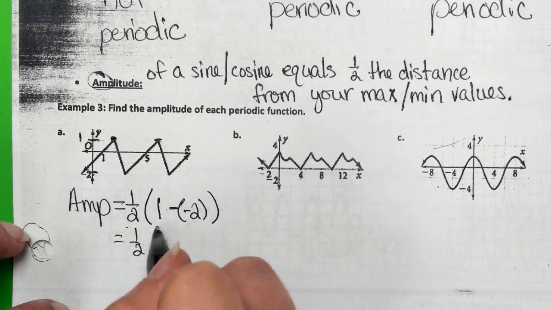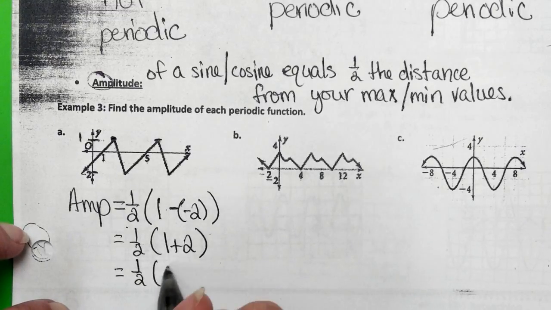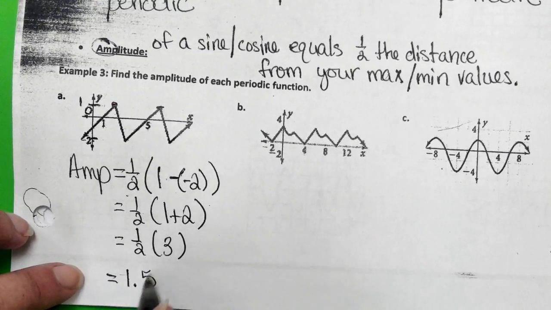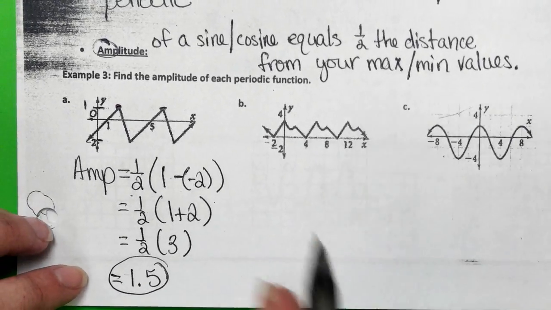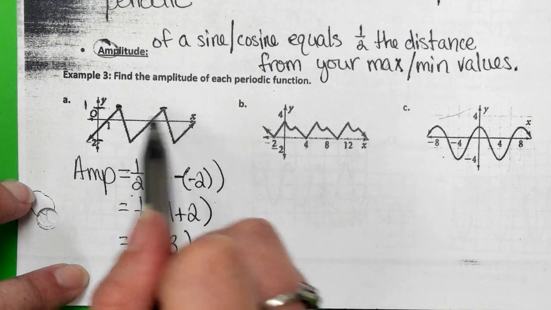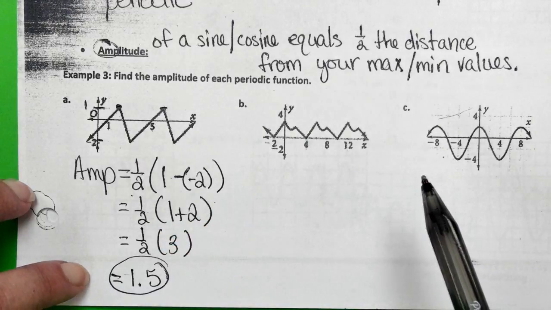So this is 1/2 of 1 plus 2, which is 1/2 of 3, which is how much? 1.5. So in other words, the middle distance between these is going to be 1.5 to the top and then 1.5 to the bottom. Does that make sense to everybody? Okay. All right, here we go.